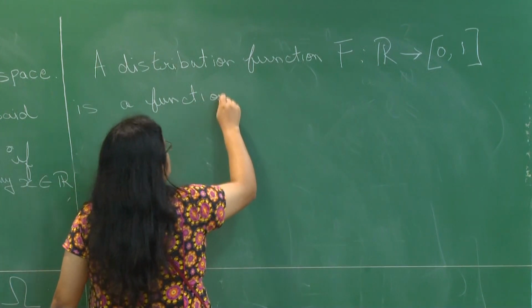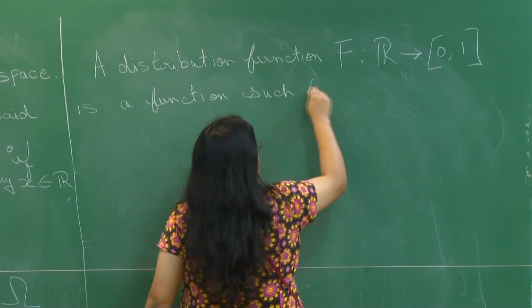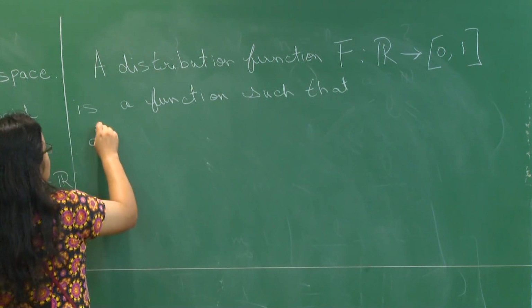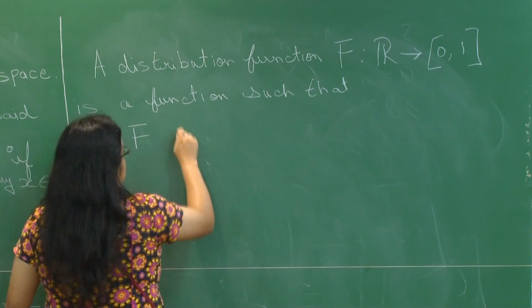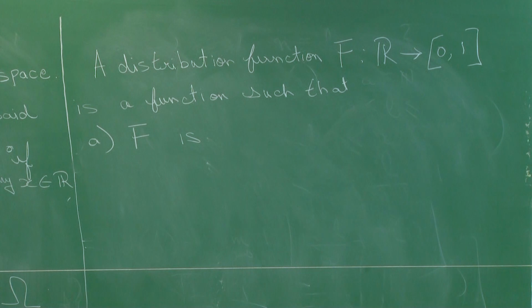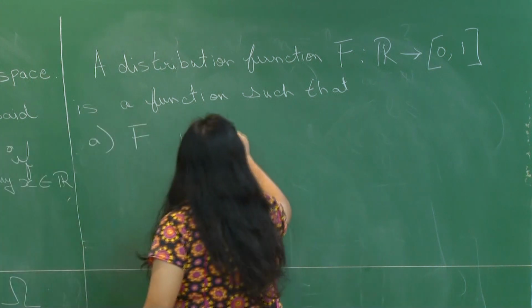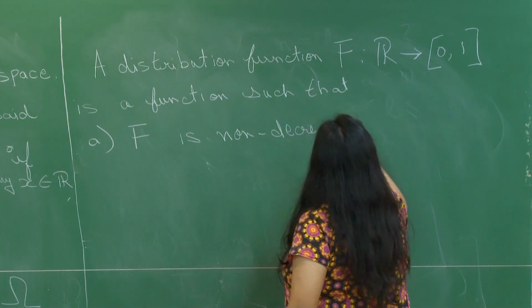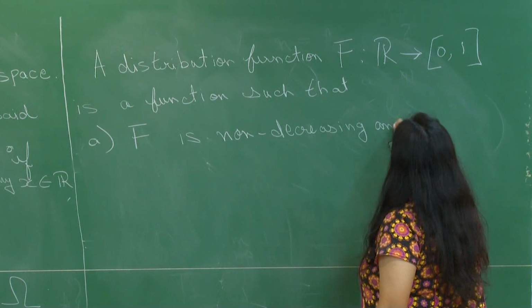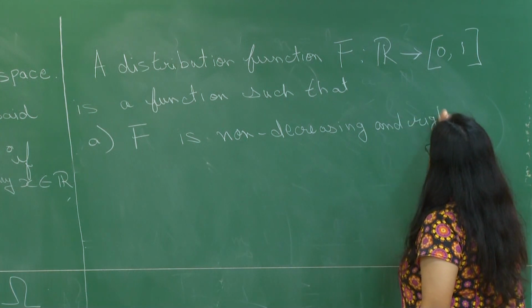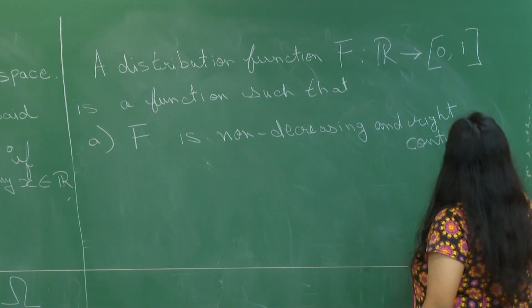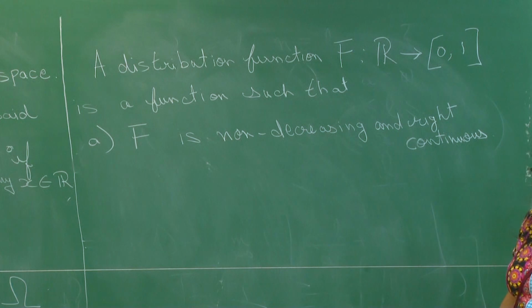This is a function such that F is non-decreasing and right continuous. These are the starting assumptions that we are making for the notion of a distribution function.